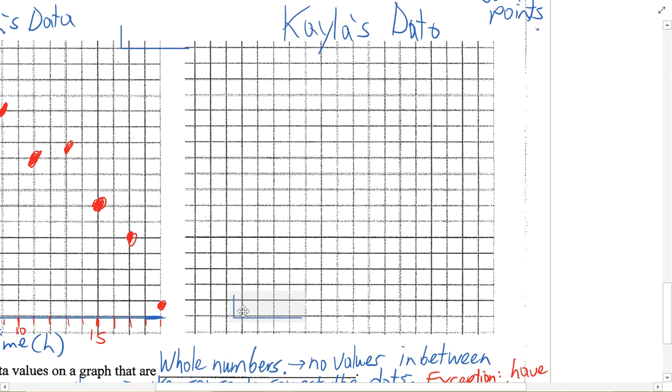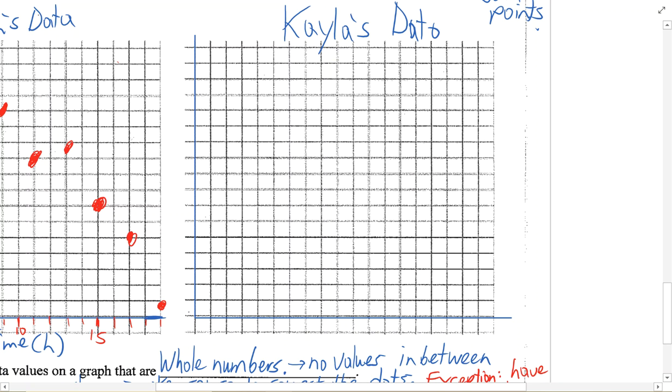Haven't done this for a while. Good. And so count the squares.